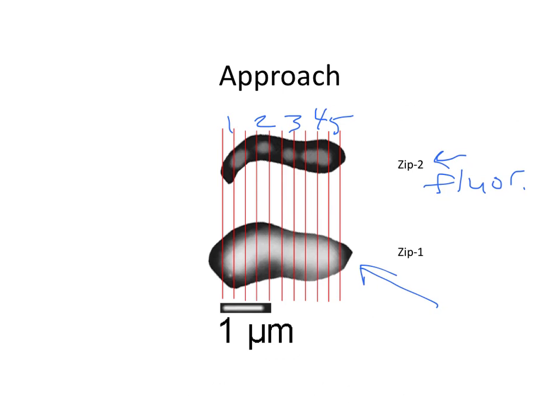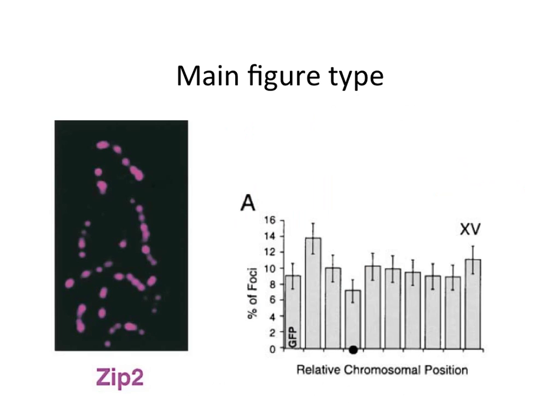Are they evenly distributed? Do we find some cases where, so what they've done here, I've just cartooned it. They divide each chromosome into 10 different equally wide segments, and then they just catalog in what segments are the different SICs, the ZIP2 blobs. And so this is the main type of figure you're going to see next week, where we're looking at those 10 different intervals of equal size, 1, 2, 3, 4, up to 10. And then the percent of total foci, that is the fraction of the total blobs on a chromosome that are found in each of those tenths of the chromosome.